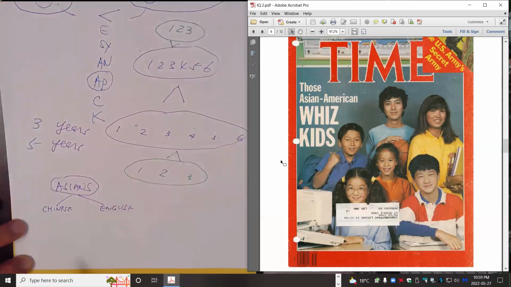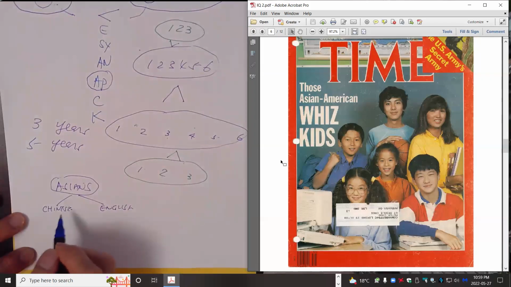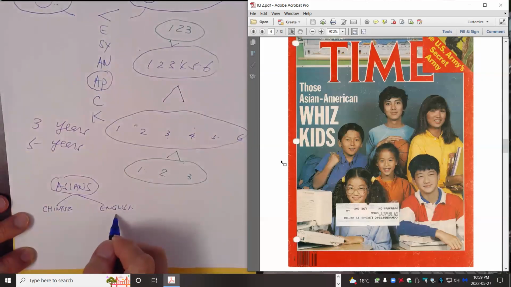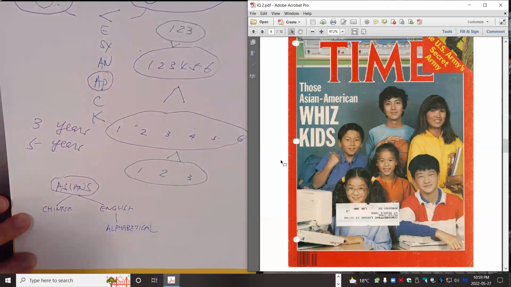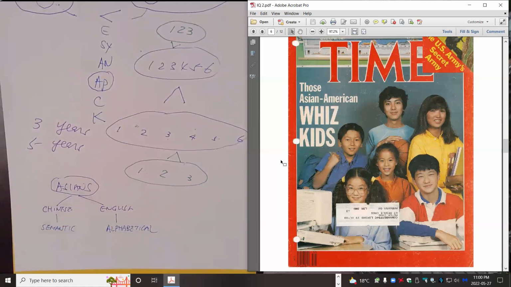Here, the Chinese language, and this one, English, derived from Latin, is an alphabetical language. But Chinese is basically a semantic language. And there are only two general types of languages on earth.